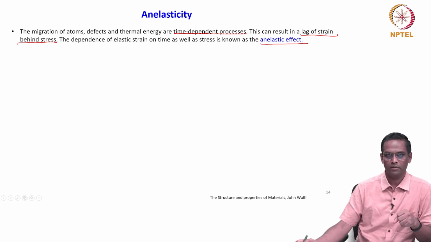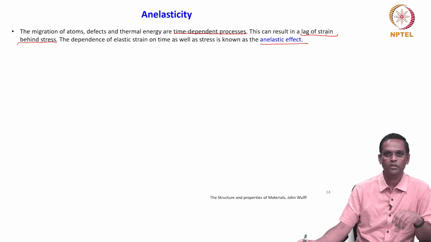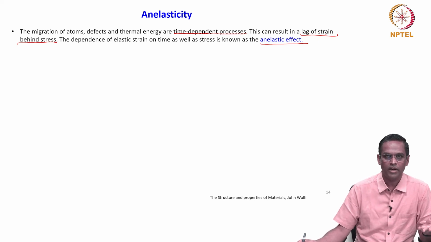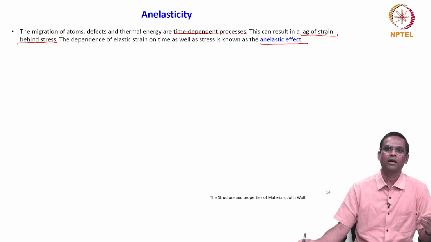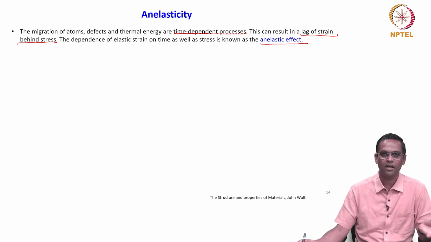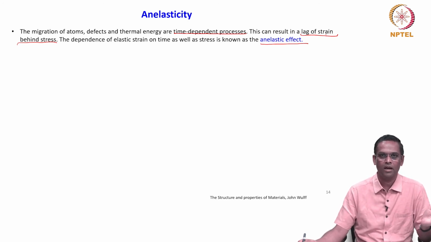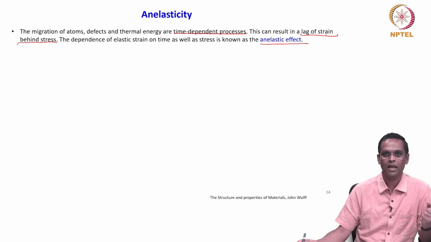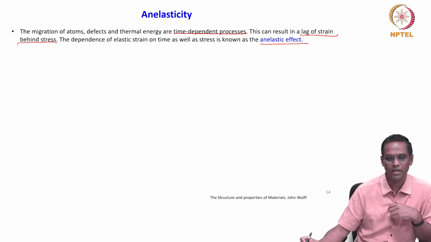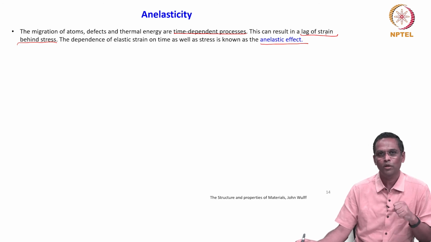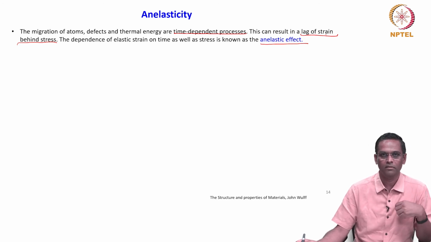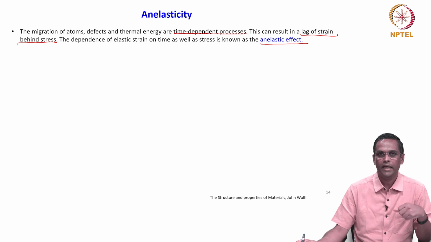So, what does it mean? Okay, you may apply a stress rapidly. You will not see the strain effect immediately. Okay, it may happen. The strain effect will come as time passes by. That is the meaning of the lag of strain behind the stress. Right. You may do certain activity, loading, unloading, heating, cooling.